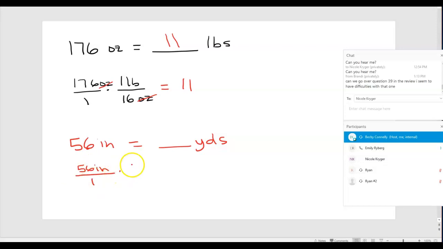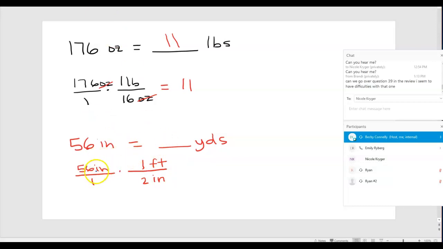Mm-hmm, 56 inches. That's right. Yep, so 1 foot over 12 inches.